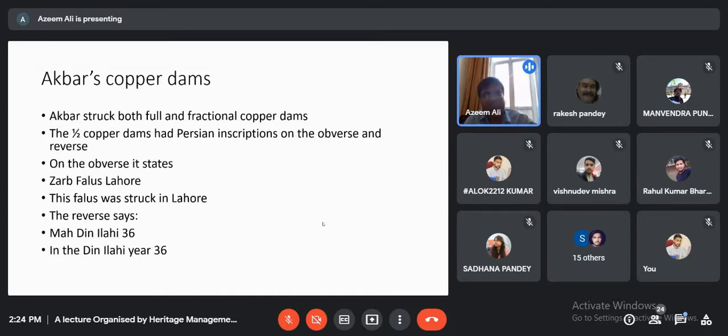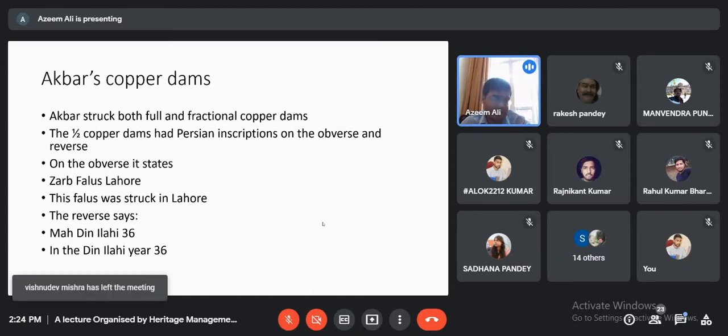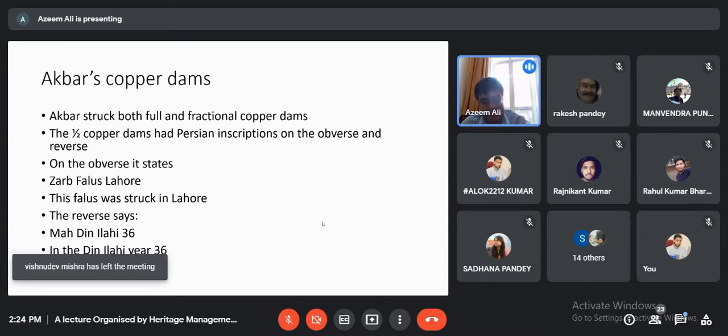So we look at Akbar's copper dams. Akbar struck both full and fractional copper dams, and the half copper dams had Persian inscriptions on the obverse and reverse. On the obverse it states Zab Falus Lahore, which means this falus was struck in Lahore, in Punjab, and the reverse gives a new, different calendar called the Din Ilahi calendar.